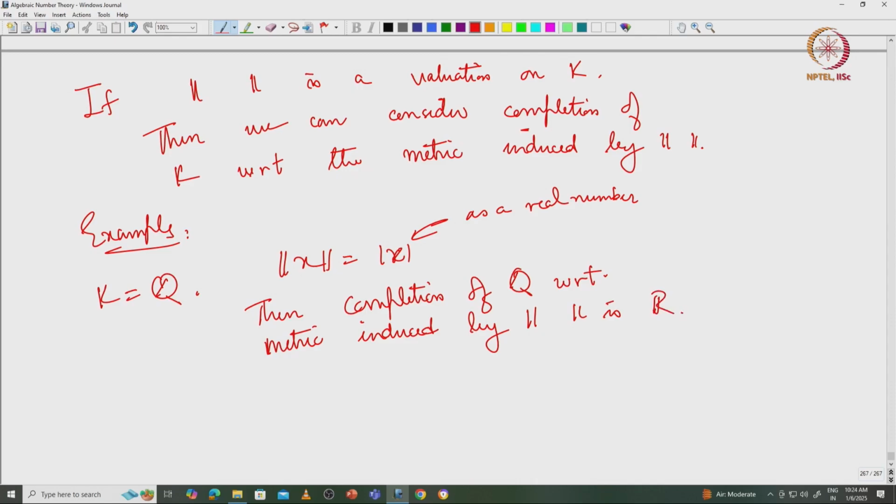If you take Q and you take its completion with respect to the usual metric, you get real numbers, right.